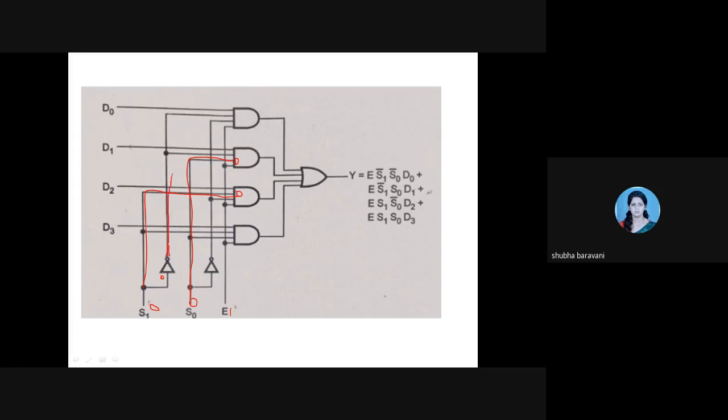So this 1 is traveling up till here and given to the first AND gate. So this is 1, and S0 is 0 here. Okay, inverted, you get 1 and it comes here, and 1 is coming to this also, and no doubt enable is 1. Okay, now S not equal to 0, look, this also comes to the fourth AND gate. You all are understanding?